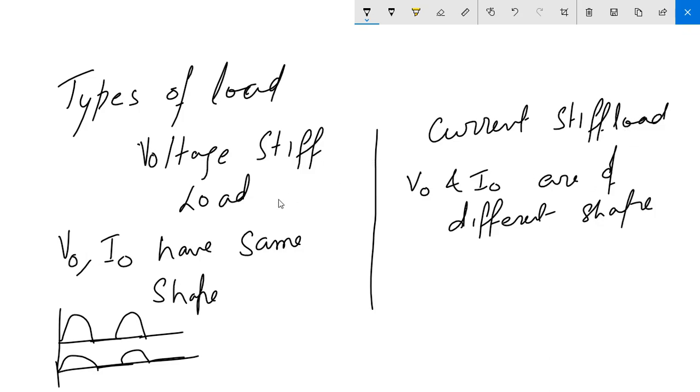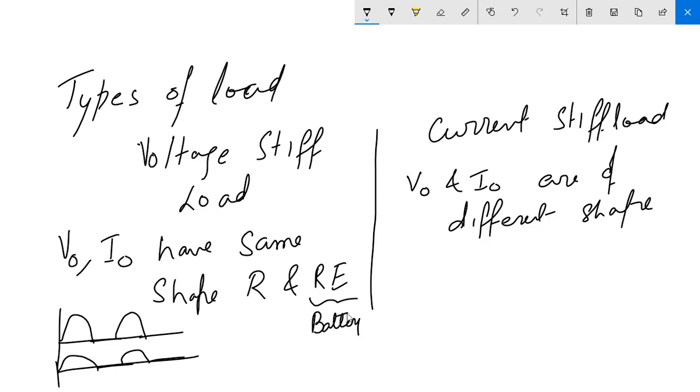Okay, so generally voltage stiff loads are of two types, that is R and RE, meaning resistance and EMF, or you can say a battery.